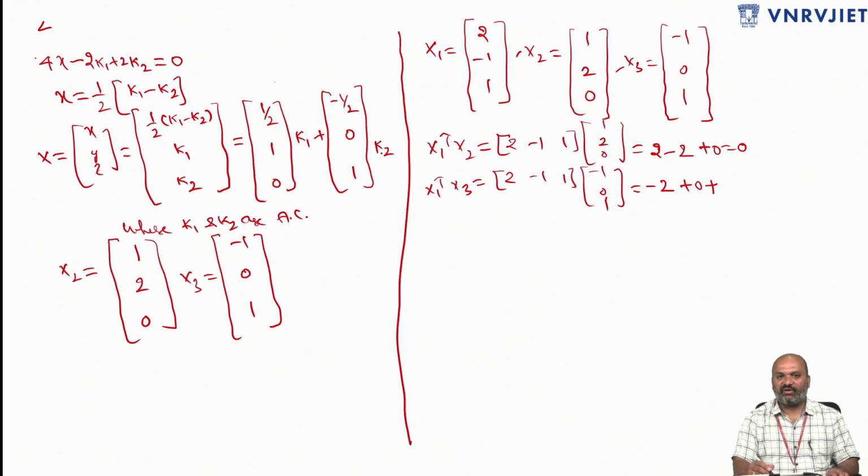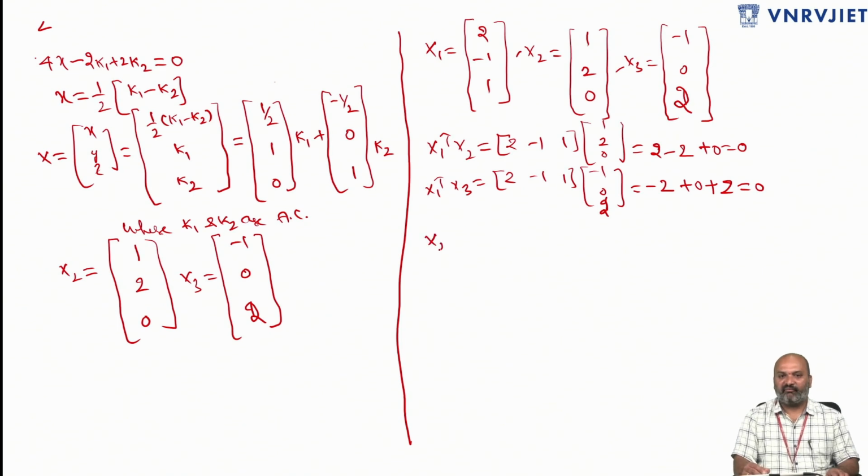Here we have taken k2 equal to 2 now. So this is actually minus 1, 0, 2. This is the eigenvector. Therefore the resulting product is 0. Now x1 transpose x2 is 0, x1 transpose x3 is 0.